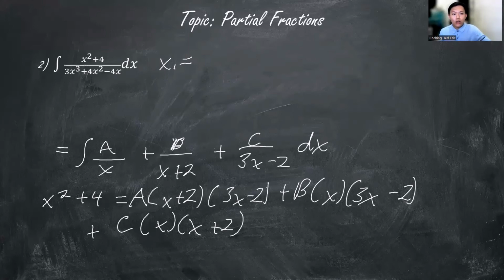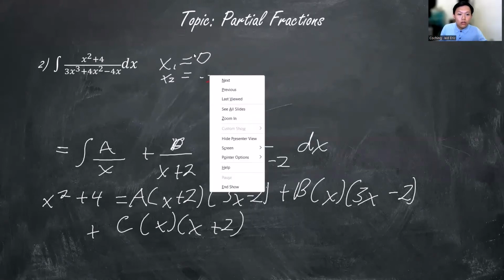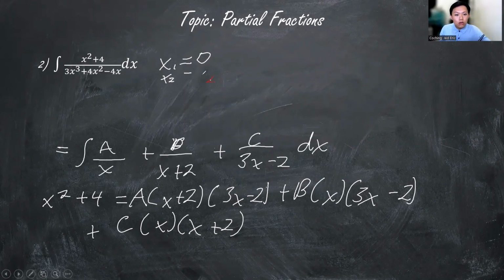Wait, using this formula, we can get the values of x. So that's going to be 0. x2, for b, is equal to negative 2, as it's the only thing remaining. And for x3, it's going to be 2/3.